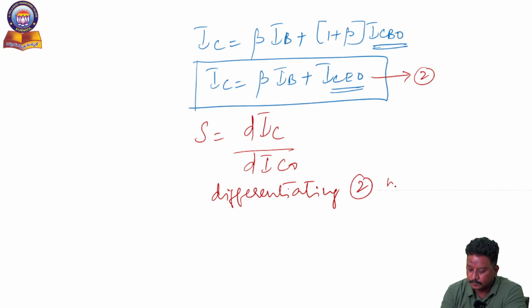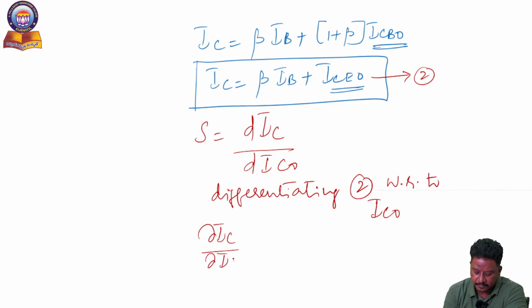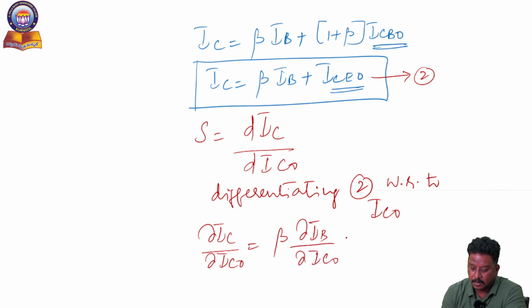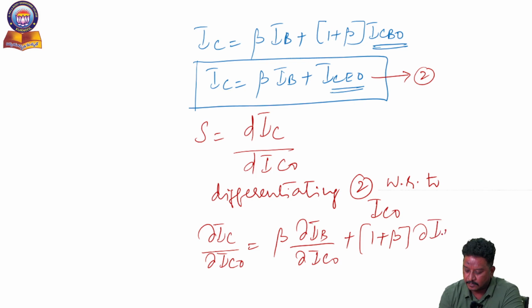Then the equation becomes dIC by dIC naught equals beta into dIB by dIC naught plus 1 plus beta into dICB naught by dIC naught.